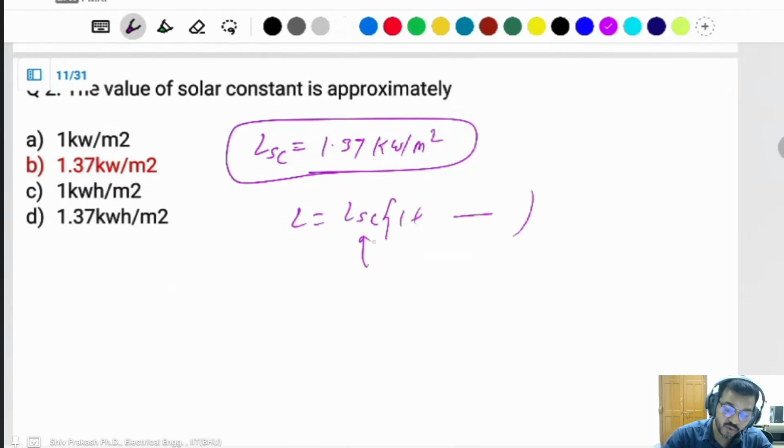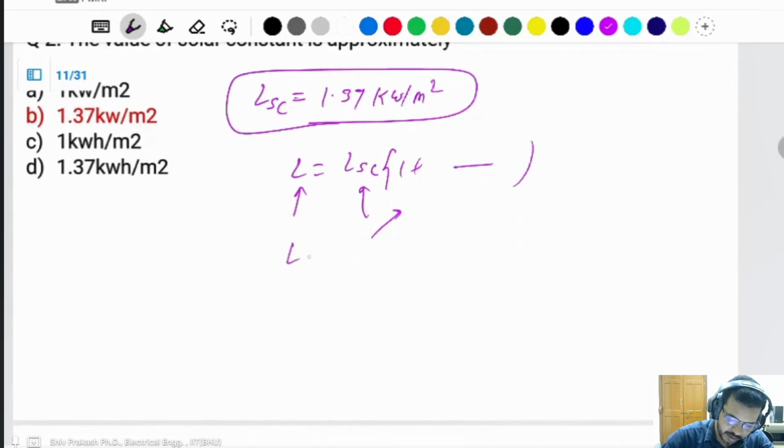This will be the solar constant, and this L is the insolation outside the Earth, it means outside the Earth atmosphere. And LZ, don't confuse all of the points.